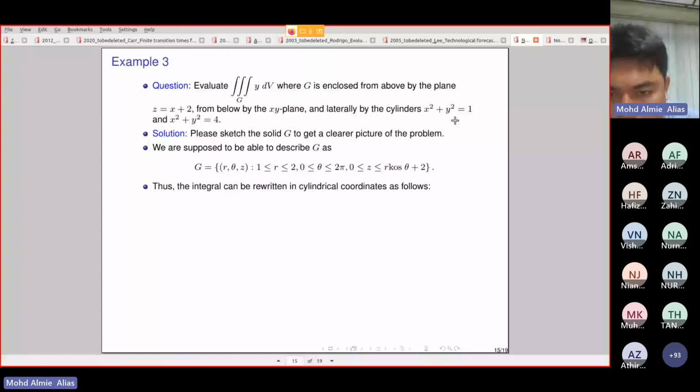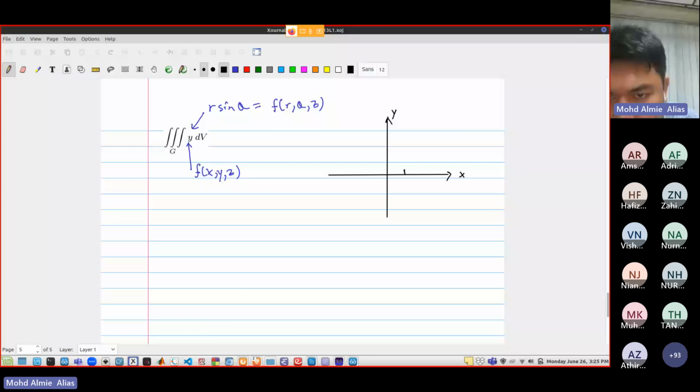I'm sorry if it's not really a good sketch. Something like this. So this is 1, this is 1, this is minus 1, and this is minus 1.